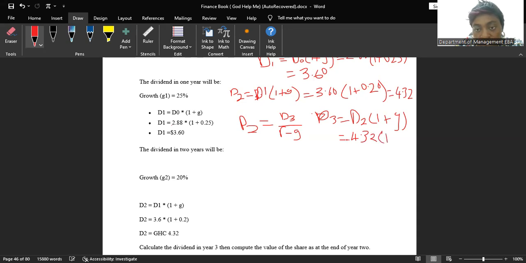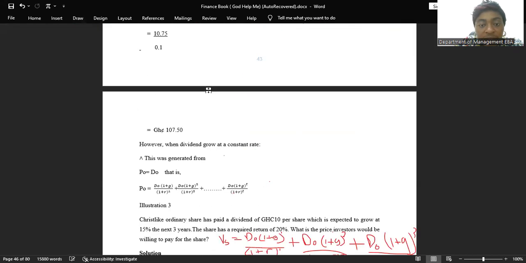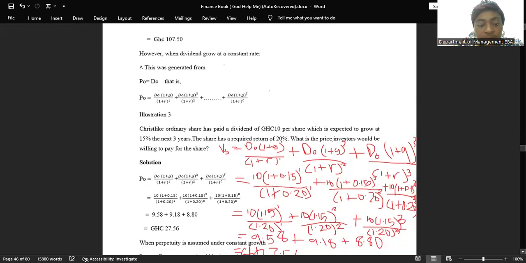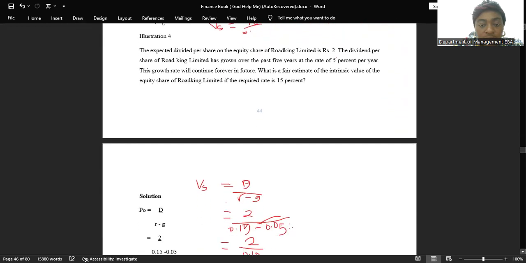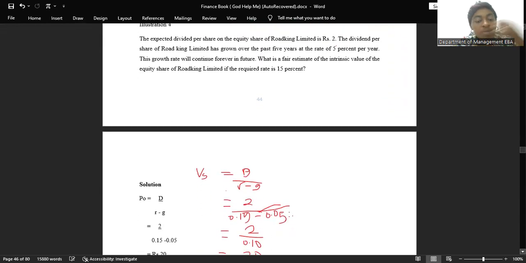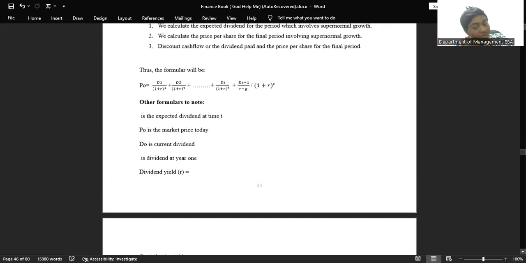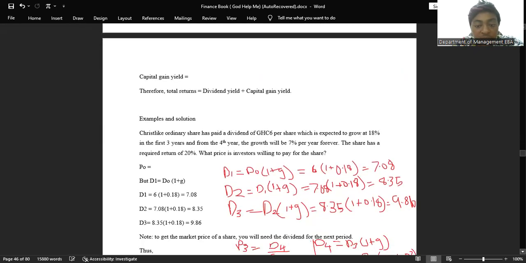So let's look at the growth forever from the question reading. Sorry, I don't know why this thing is moving a lot.